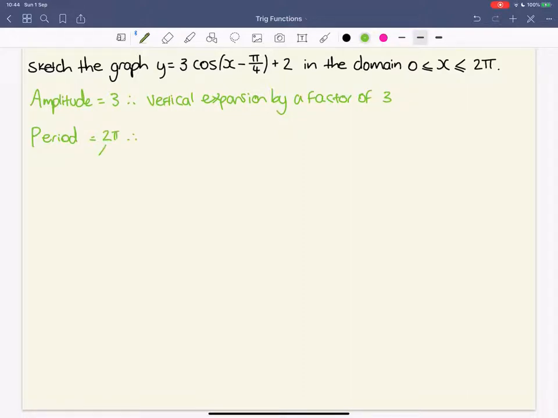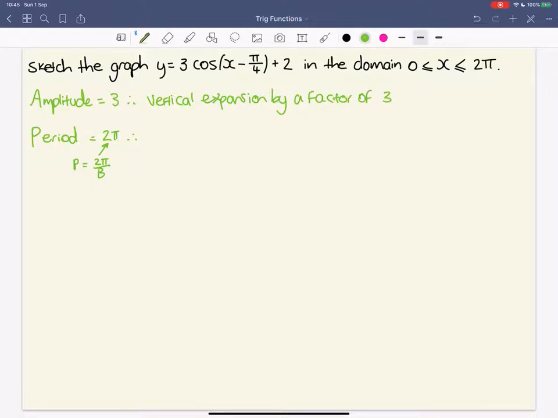The reason why is because the period is 2 pi divided by the coefficient of x, which is the B position. Seeing as it's 1 here, the period is just 2 pi.